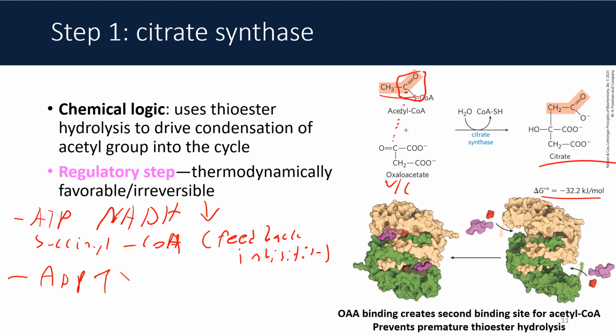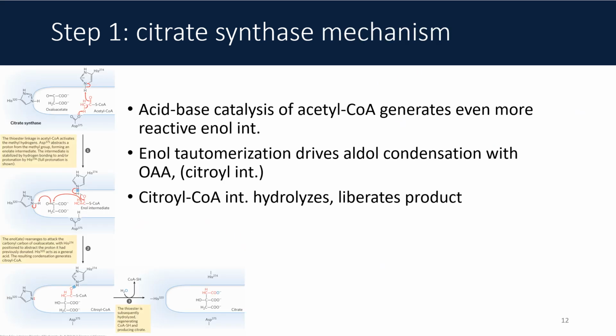This is actually highly ingenious if you think about it, because if we bind acetyl-CoA first, there's a risk of it reacting with water and turning it into this coenzyme A alcohol instead. And that would be an absolute waste. If we ensure the proper substrate is present first, that's going to ensure we have the right nucleophile participating in the mechanism.